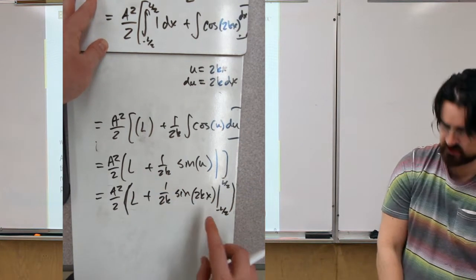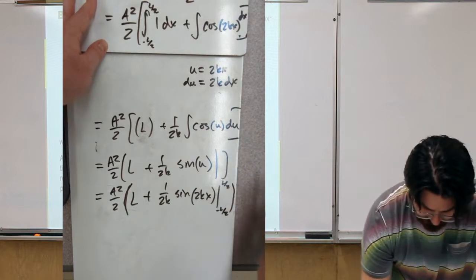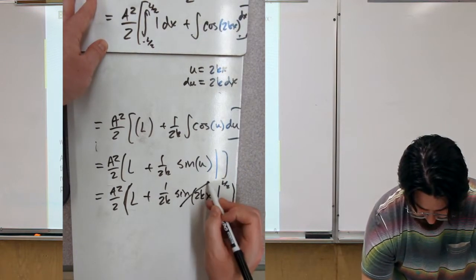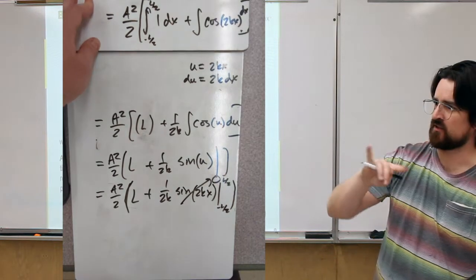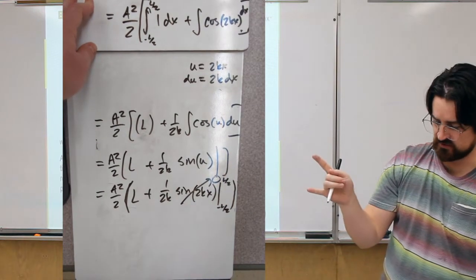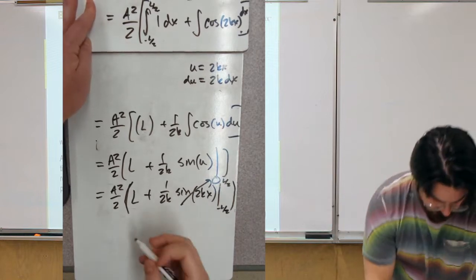At this point, you can put in those bounds if you want to. It turns out that that's going to go to 0. Essentially, it's an odd function being integrated in an even region around the origin, so it goes to 0.